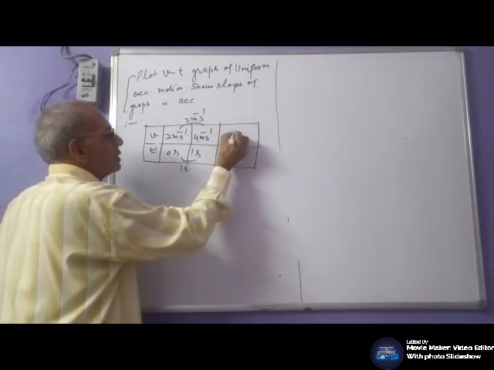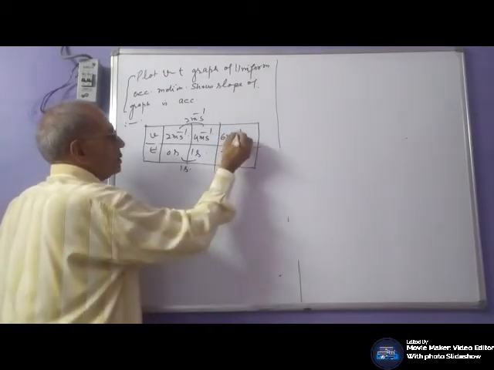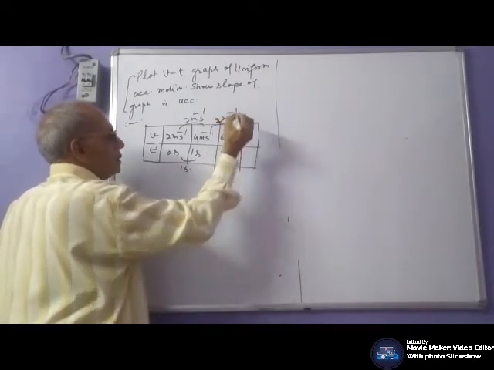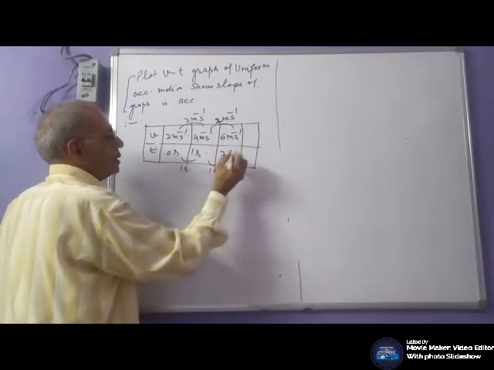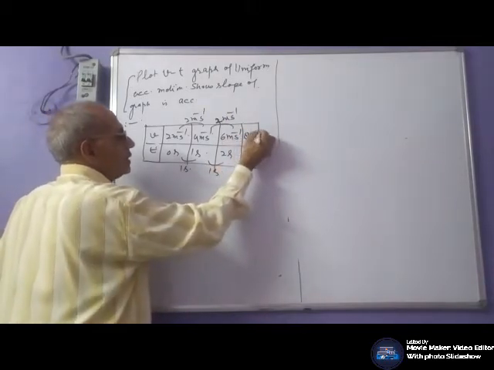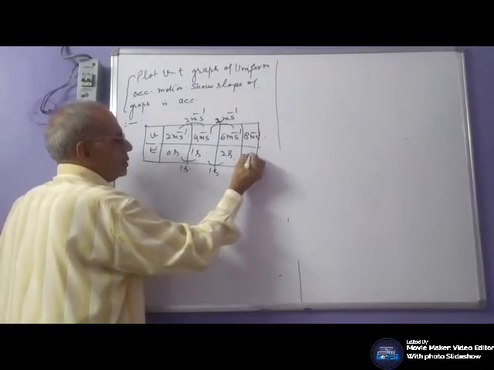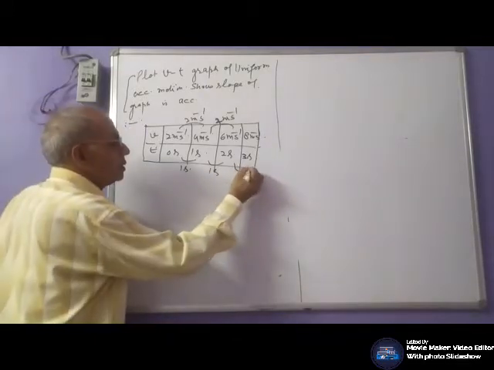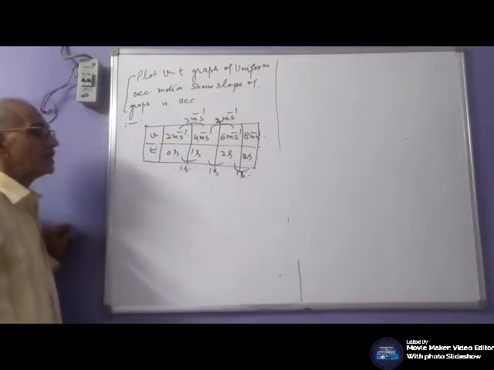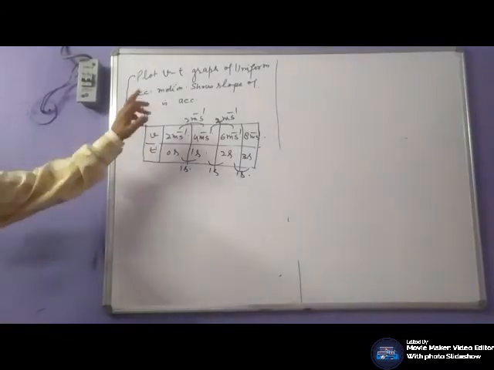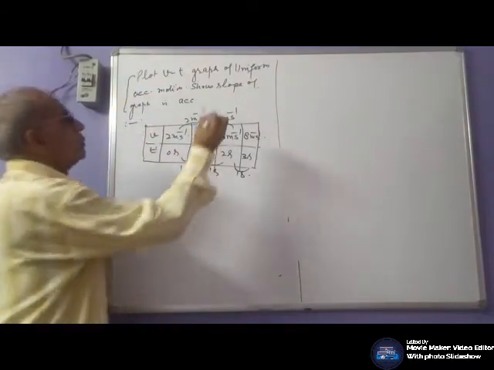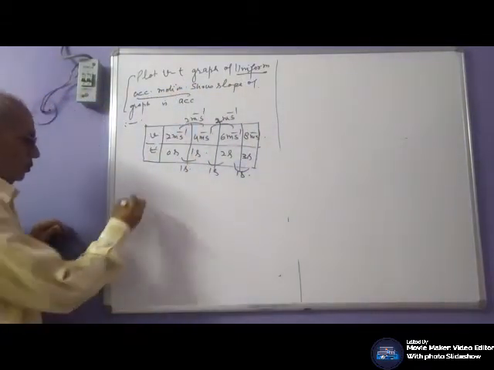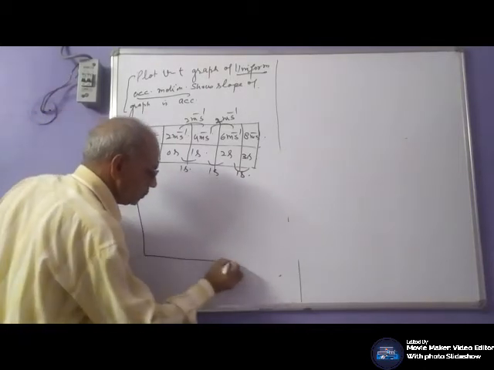Then the same increase, 2 meter per second in 1 second, 8 meter per second in 3 seconds. So the acceleration is constant, so uniform accelerated motion. Then plot the graph.